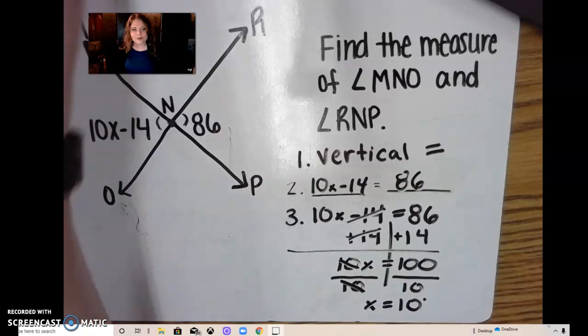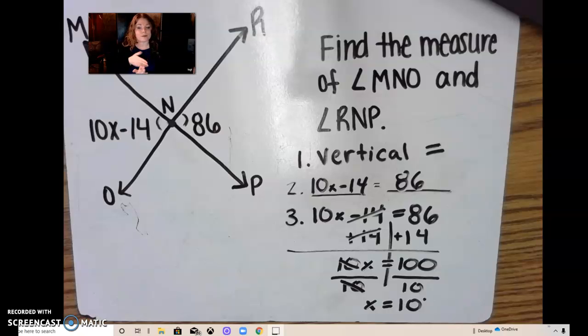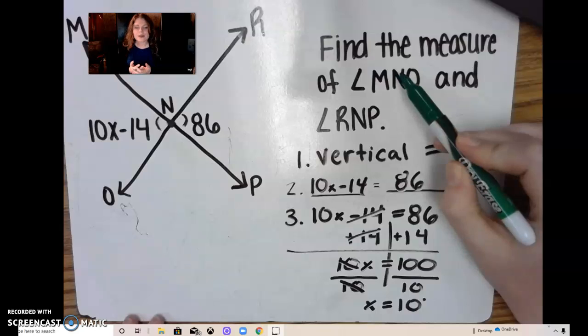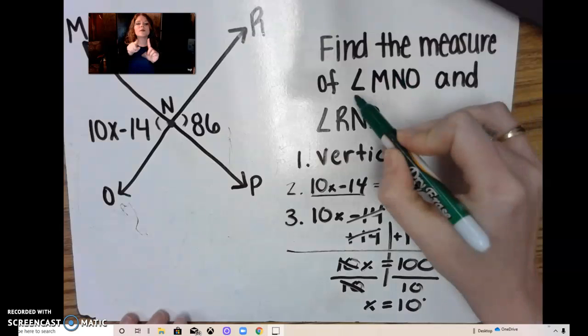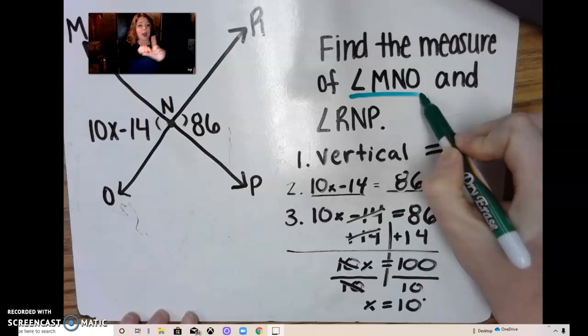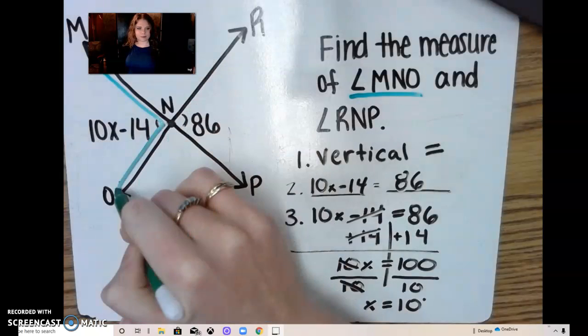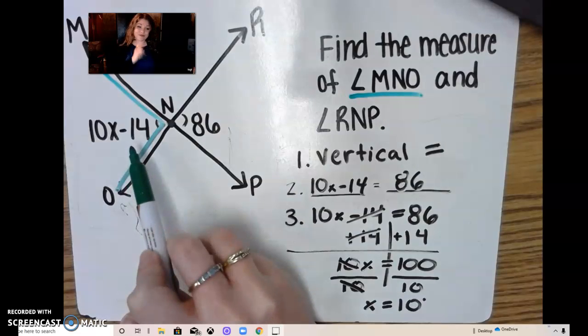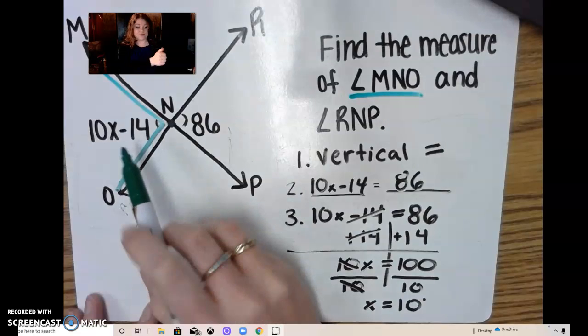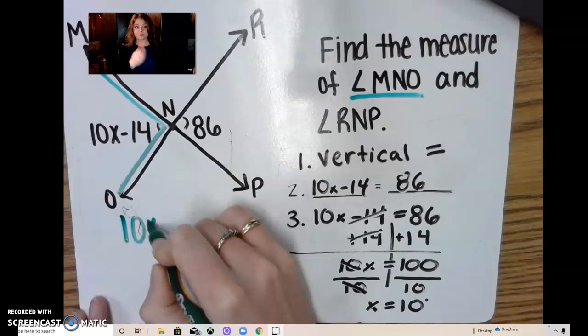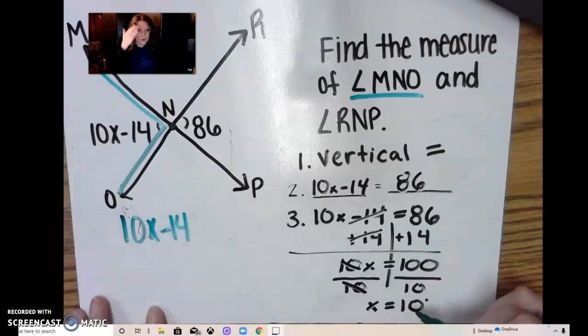So just like earlier, we have to actually make sure we're answering the questions. So we're finding the measure of the two different angles again. We have angle MNO. So again, I'm just going to outline that for you in the color. So the angle we're actually trying to find is equal to 10x minus 14. We know that x is equal to 10, so we plug it in.